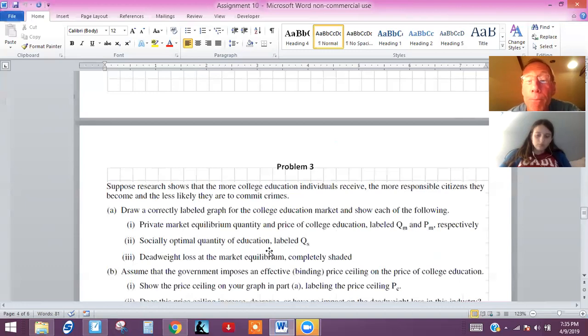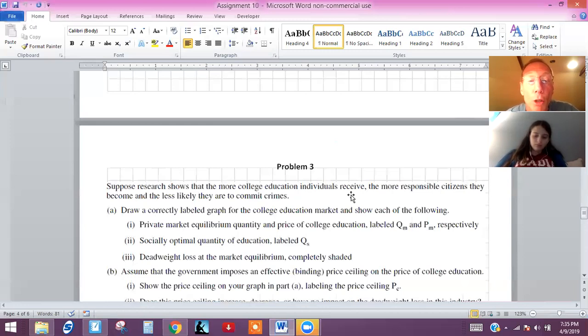Now we can see by the narrative here that we are generating a positive externality, because when a student pays for a college education, society as a whole is actually gaining a social benefit, less crime, right?